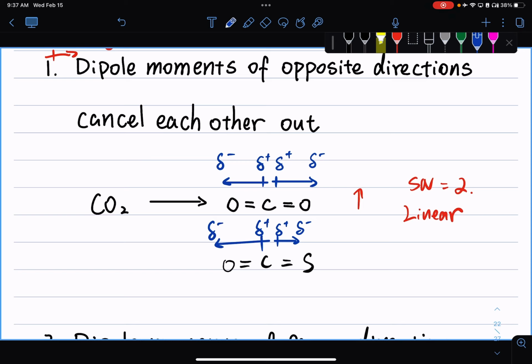And there exists a molecular dipole, meaning this entire molecule has a dipole moment. And if we draw that molecular dipole moment, it's going to look like this. Right? Part of that CO dipole moment is being canceled out by the CS dipole moment, but there exists some molecular dipole too.